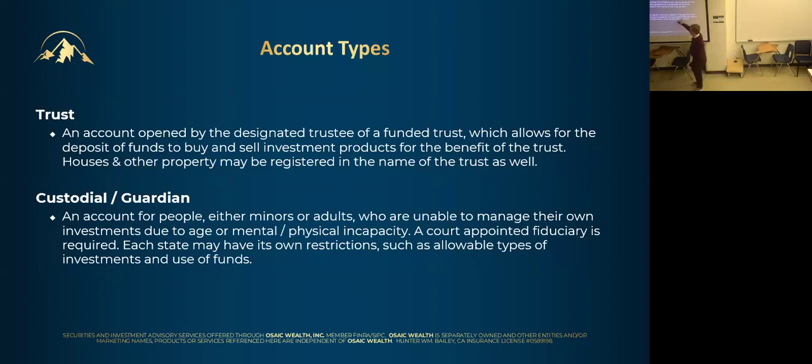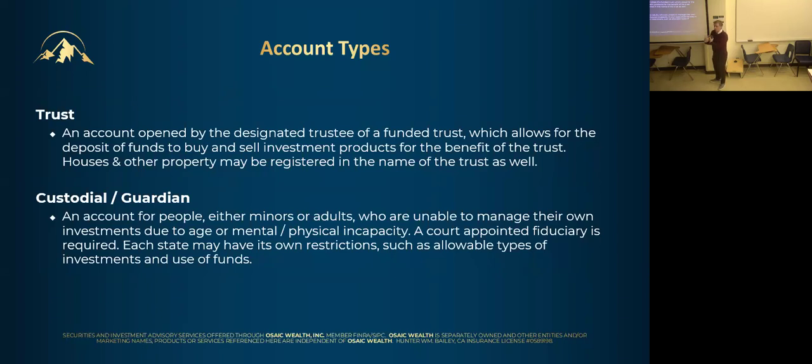And then you've got custodial and guardian accounts. So this is really an account for people, either minors or adults, who are unable to manage their own investments. Usually it will be for minors, for kids, where grandma wants to give them a little bit of stock, or the fun uncle wants to give them some Tesla shares or something, or somebody has a mental or physical incapacity.